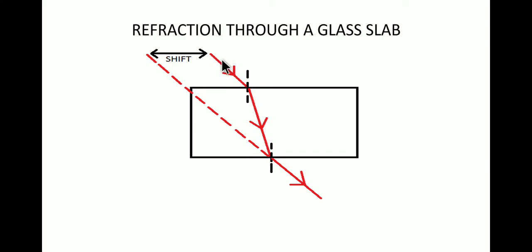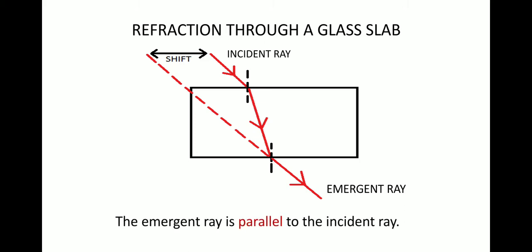The incident ray and the emergent ray are always parallel when the light gets refracted through a rectangular glass slab. The emergent ray is always parallel to the incident ray only if the glass slab used is rectangular.